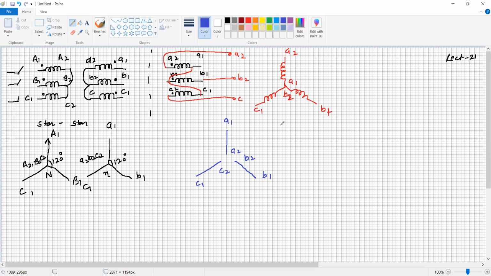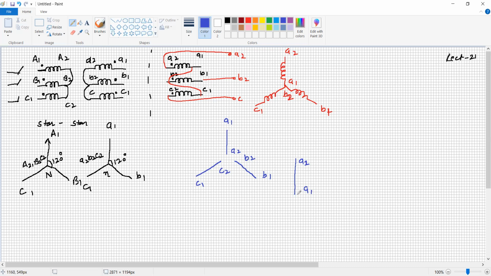Now try to connect these vectors in reference to this diagram. We draw A1, A2. Now B1, B2.